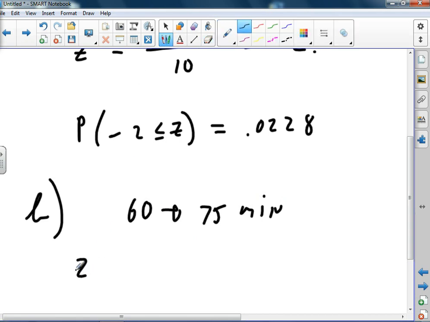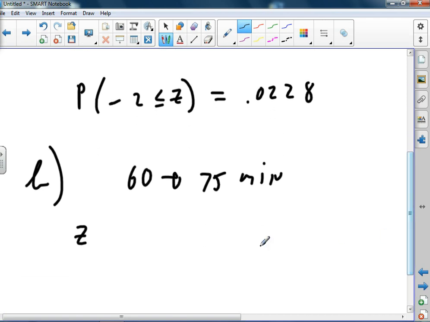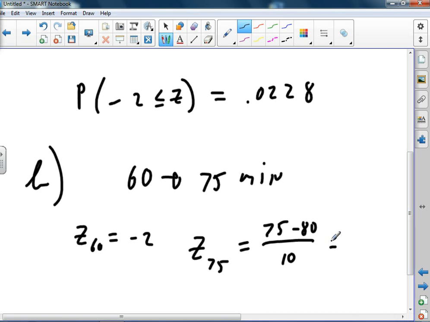I already have the Z number for 60, which is minus 2. I need a Z number for 75. So I got 75 minus 80 divided by 10, minus 0.5.